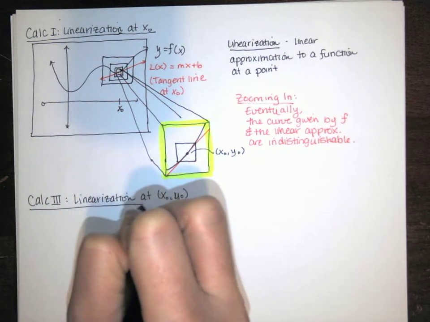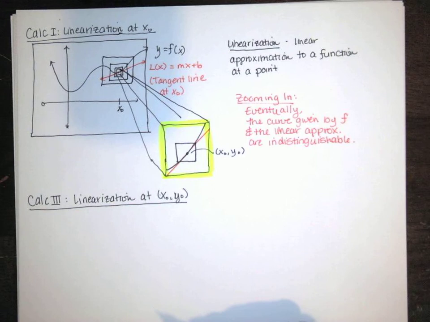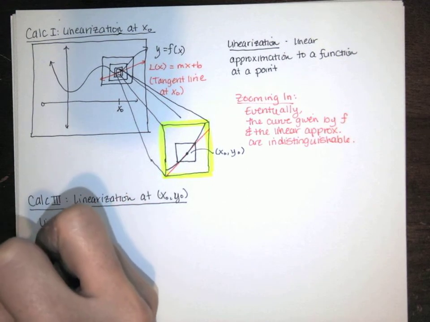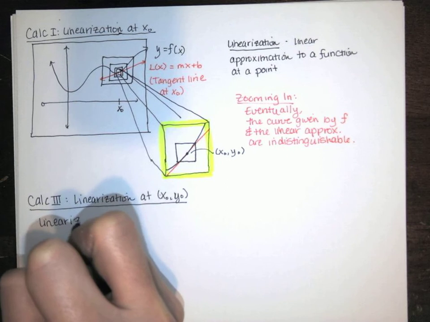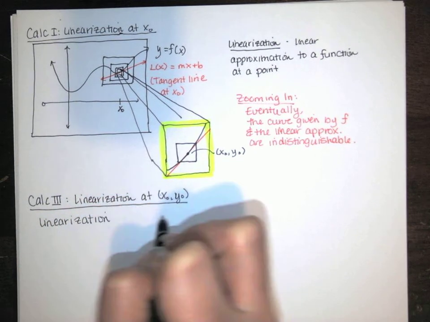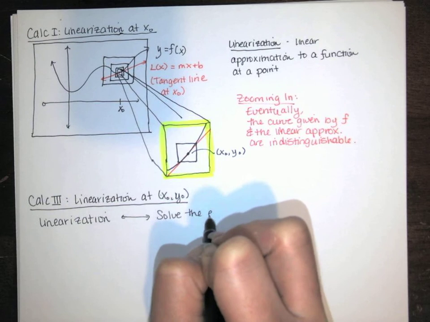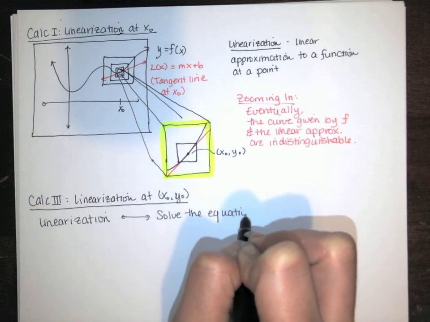So if we're talking about the linearization of z equals f of x y, linearization is just another name for the tangent plane. So you're going to solve the equation of the tangent plane for z.